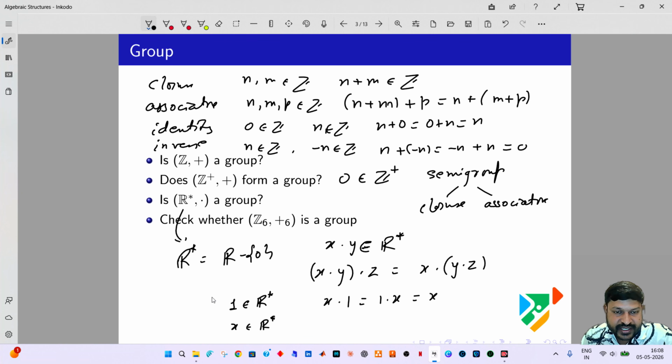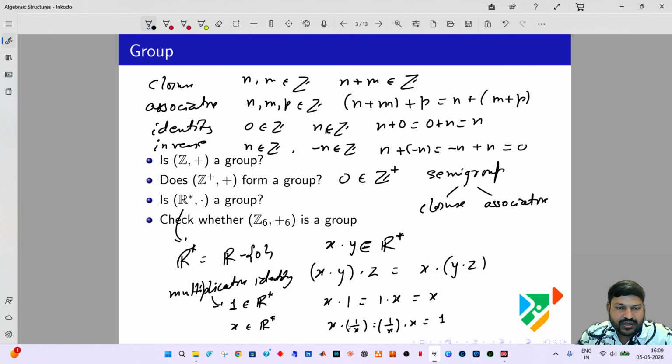What is the identity here? 1. And what is it called? Multiplicative identity. In the previous example, we saw the identity. What is that called? Additive identity. So the inverse of x is 1 upon x, and x into 1 upon x, or 1 upon x into x, is going to give you 1. So you see that every non-zero real number has an inverse, and hence R star forms a group under this operation.